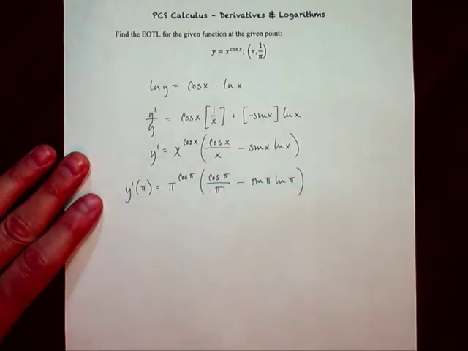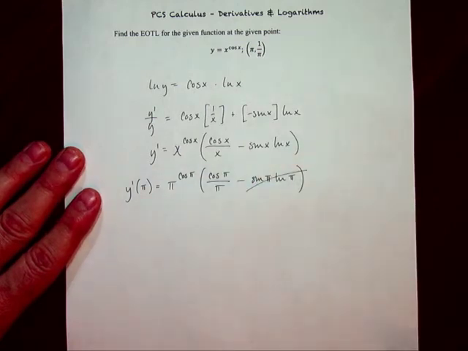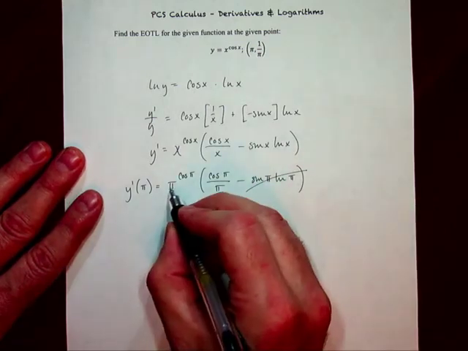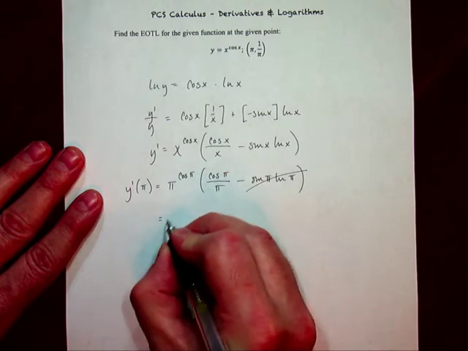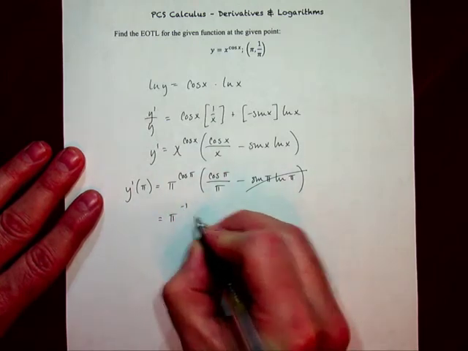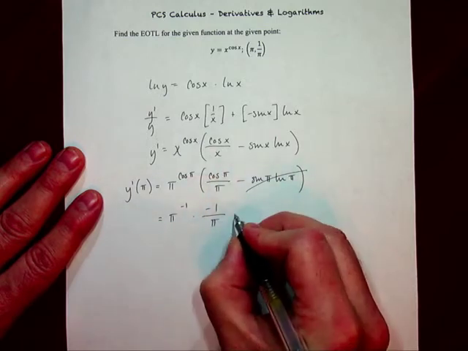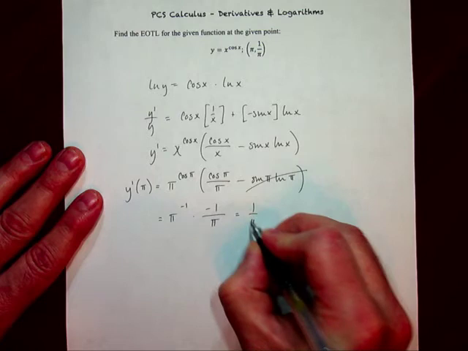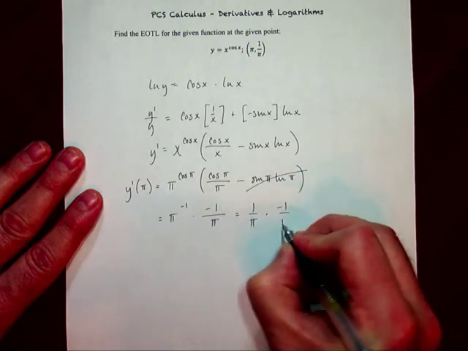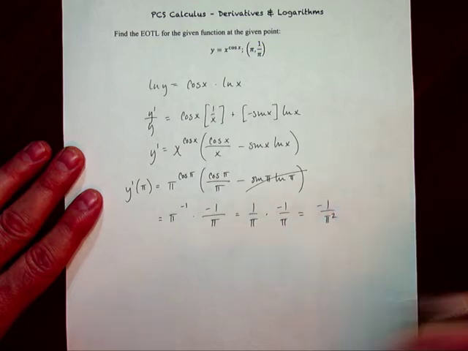Well, if there's one thing I know about sine pi, it's 0. So that goes bye-bye. Pi to the cosine pi, well, cosine pi is -1. And cosine pi, again, here is -1. So what I have here is 1 over pi times -1 over pi, or -1 over pi squared.